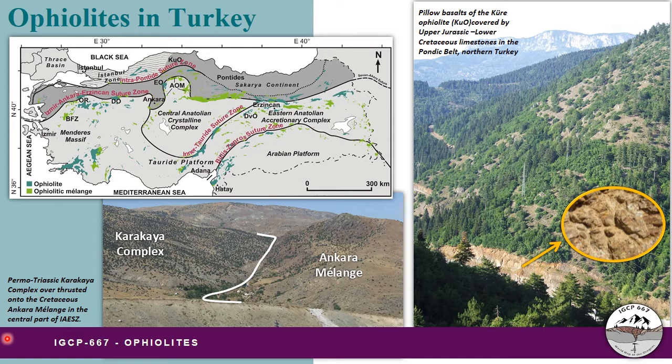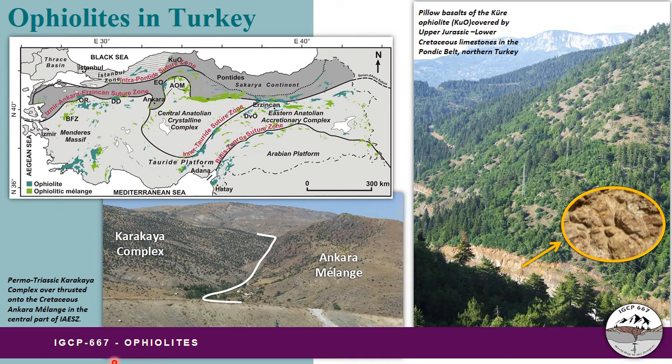Ophiolites are generally found along suture zones. Here, you see the suture zones in Turkey, in continent-continent collision types and accretionary type orogenic belts.